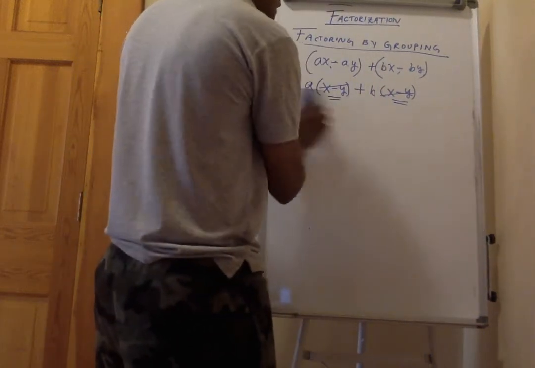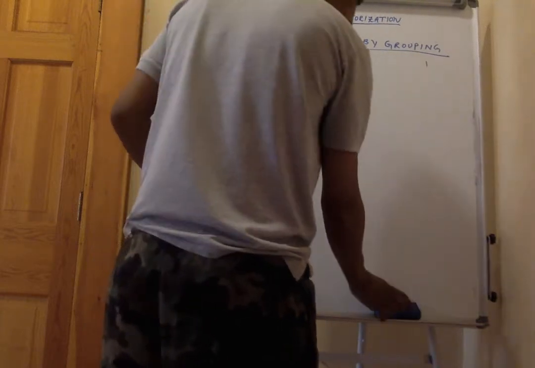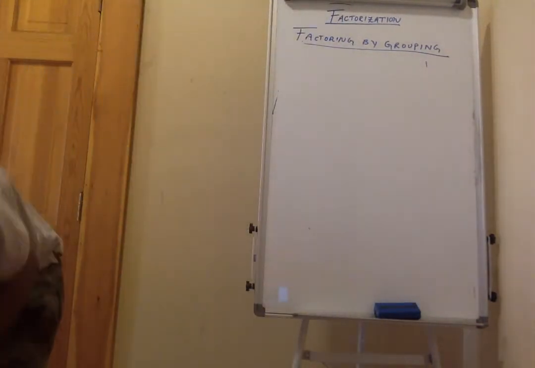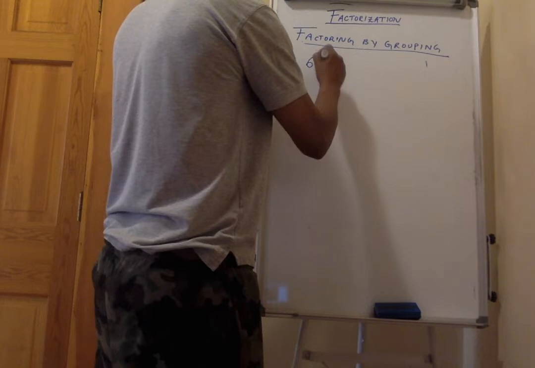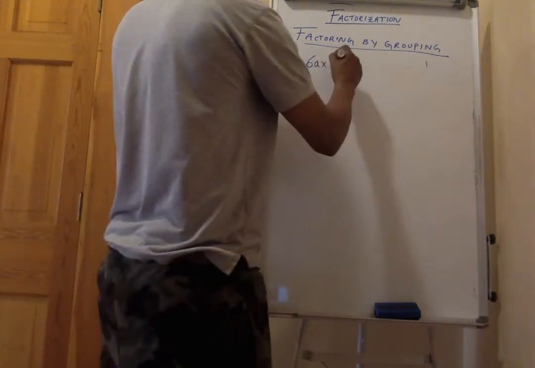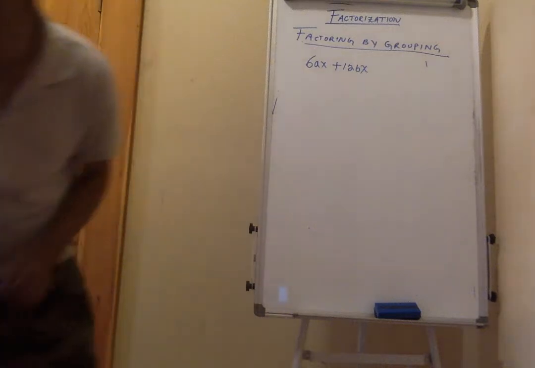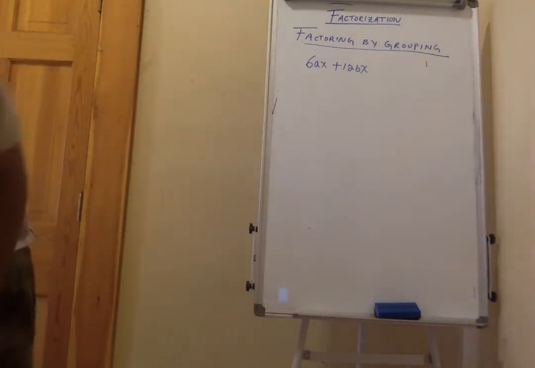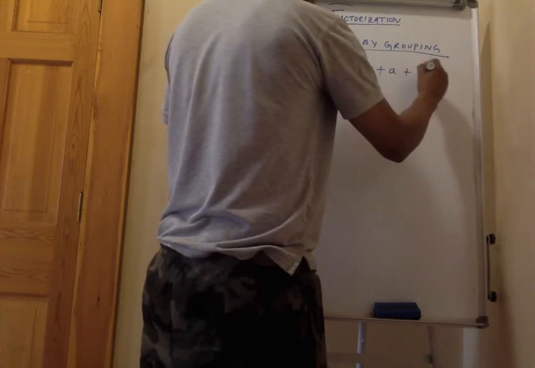Alright. So let's do some exercises of this. Suppose you have 6ax plus 12bx plus a plus 2b.